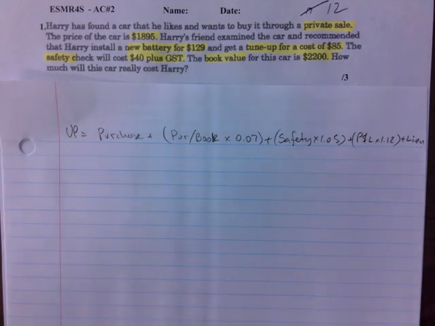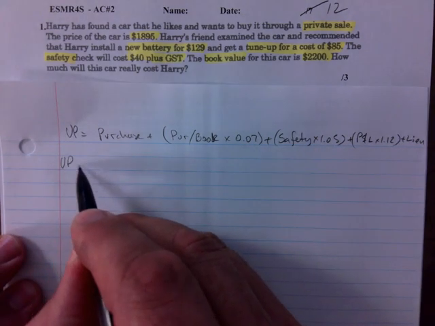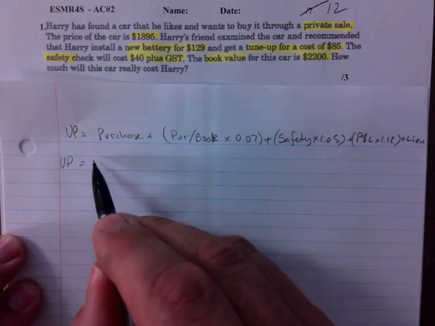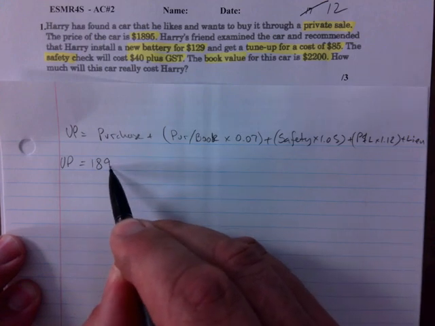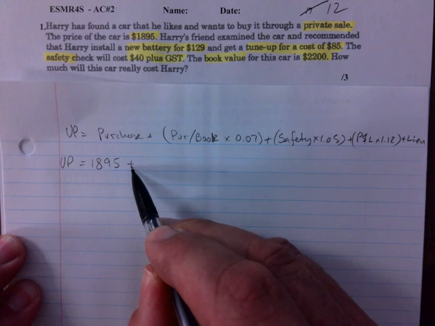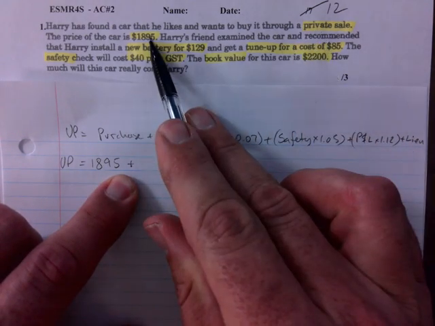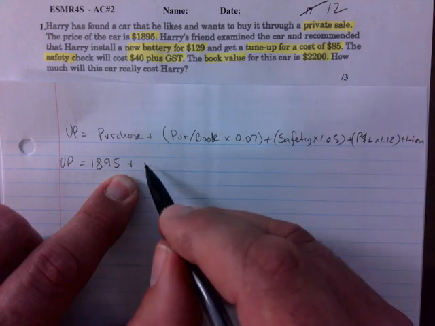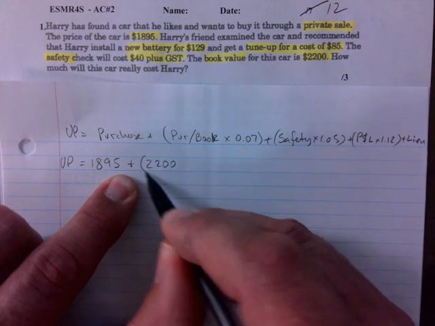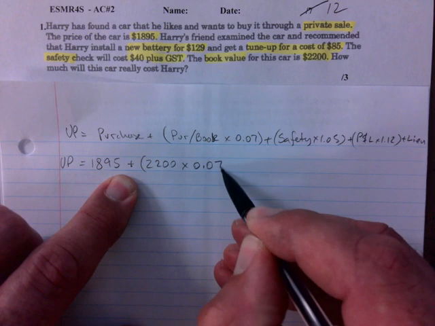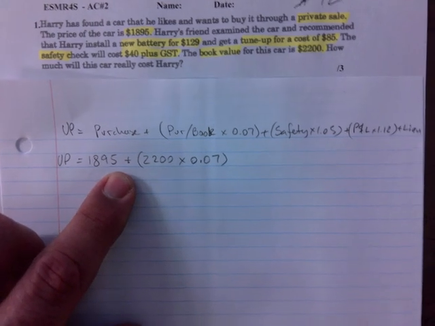So that formula should be on your study sheet. It's nowhere else. Use private, you take the purchase price, which is $18.95, plus between the book value and the purchase price. AutoPack is going to say, well, our book value is greater than what you paid for it, so that's what we're going to charge PST on.